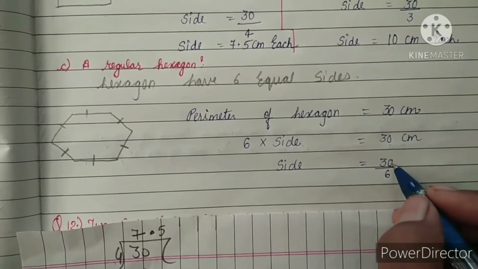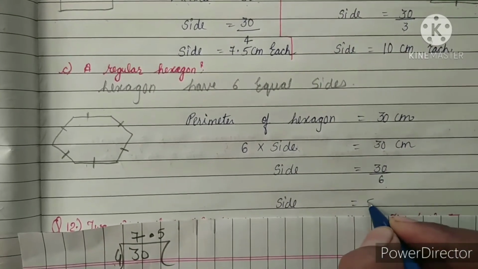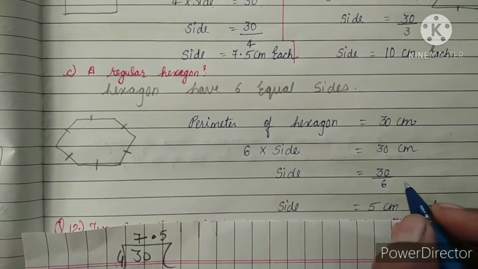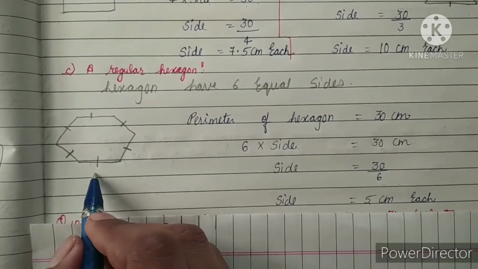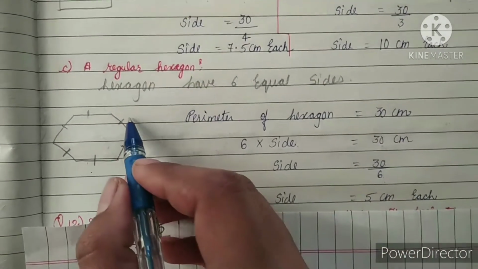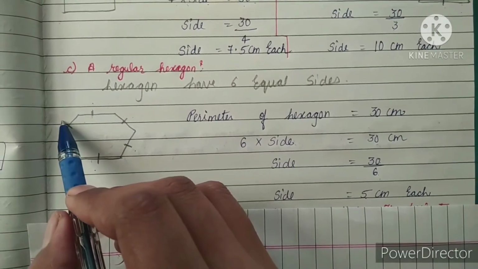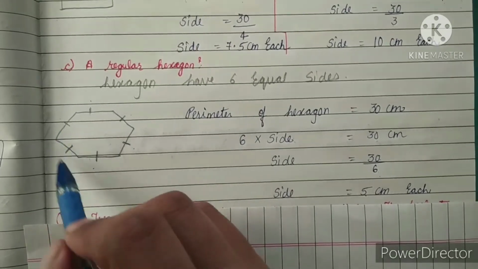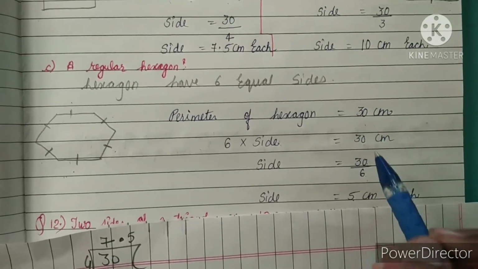And when 30 is divided by 6, it will give us 5 centimeter each, because in the table of 6, 30 comes 5 times. So 5 centimeter is here, here, here, here, here and here. When you add all of them, again you will get 30 centimeter.